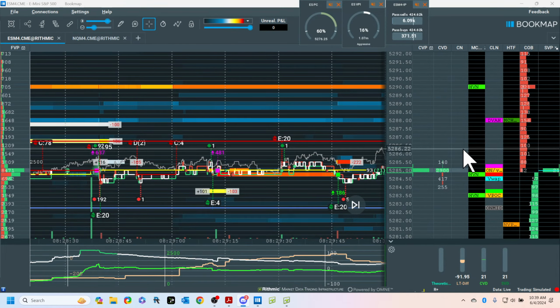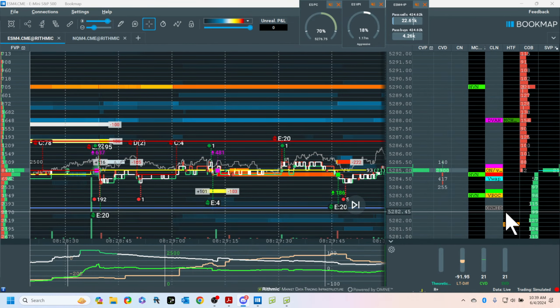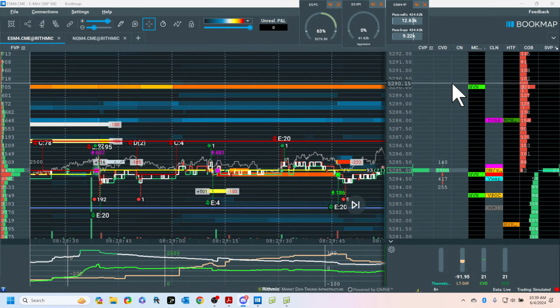Let me see what else we have here. A 69% probability will take out the first hour's high, which we have not done. A 66% probability to take out the ETH low, and let's say 60% probability to take out the first hour's low.